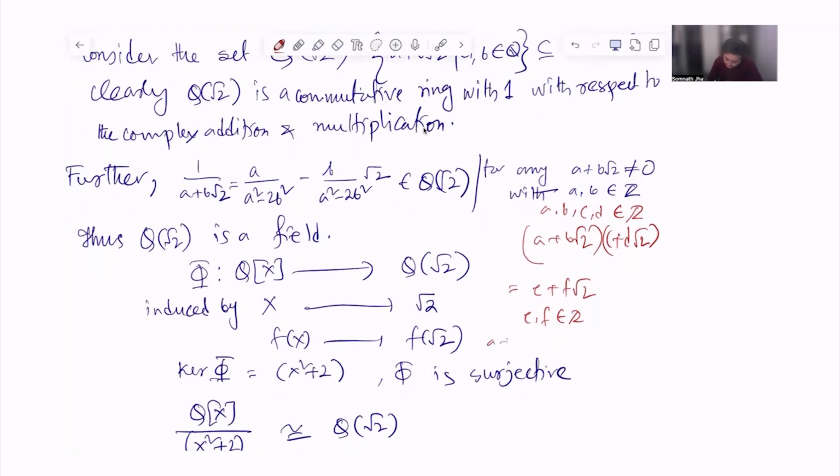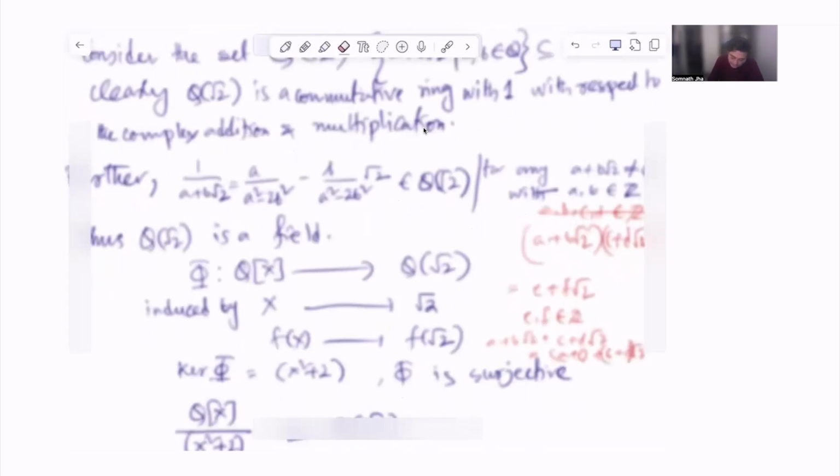Similarly, a plus b root 2 plus c plus d root 2 is again of the form a plus c plus b plus d root 2, and a plus c and b plus d are integers. So clearly this set forms a ring.